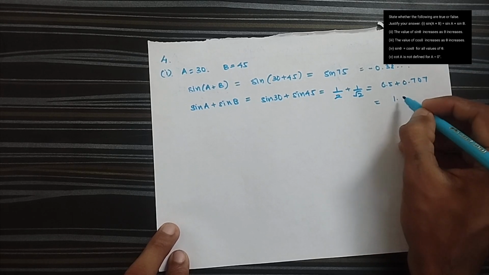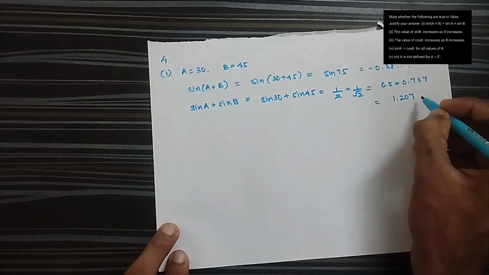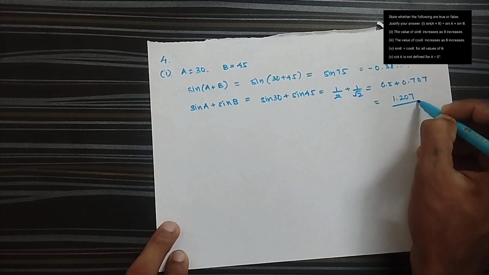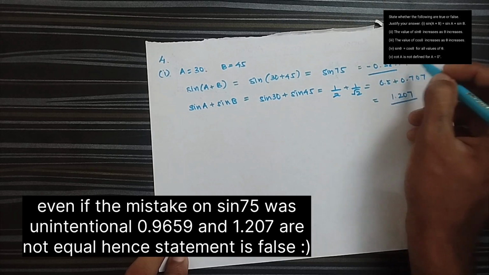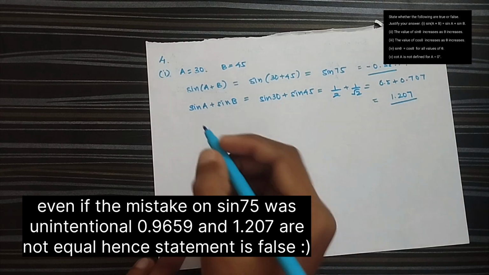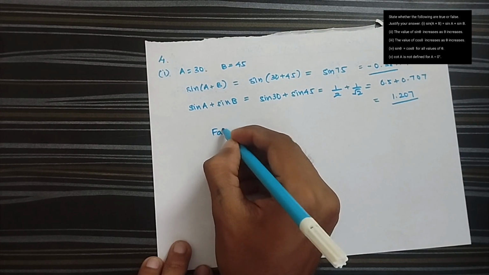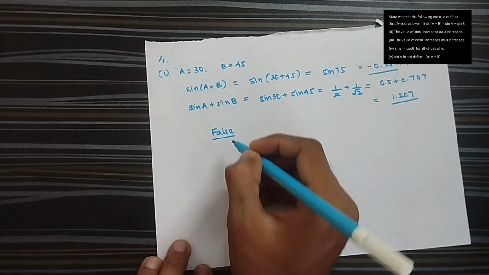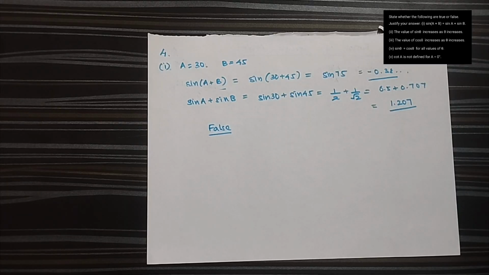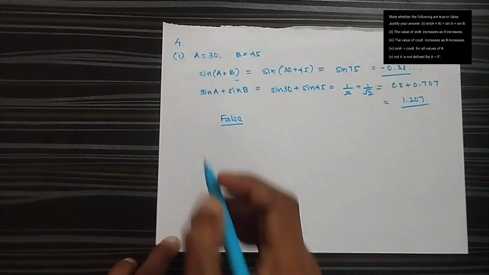This would be 1.207 some. So this is definitely a positive number, and it definitely does not make them equal. So hence this is false. The statement is false. But we do have another identity for this sine a plus b, but we'll be learning that in a different class.